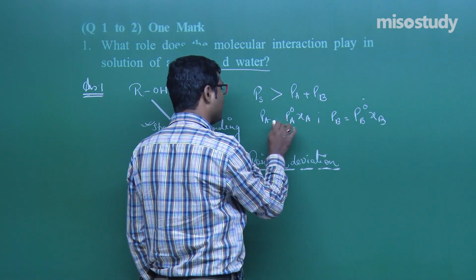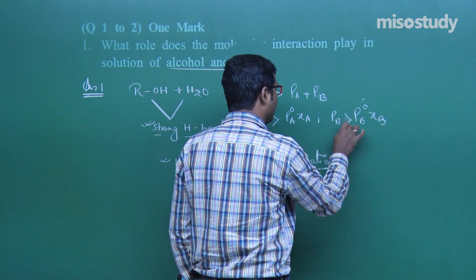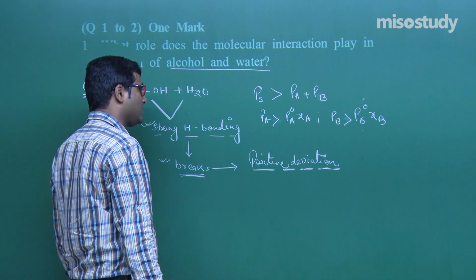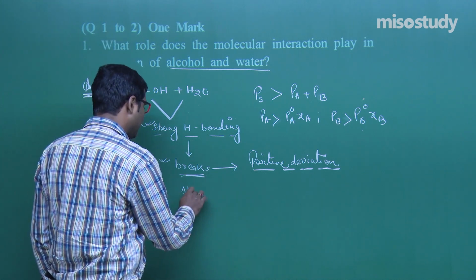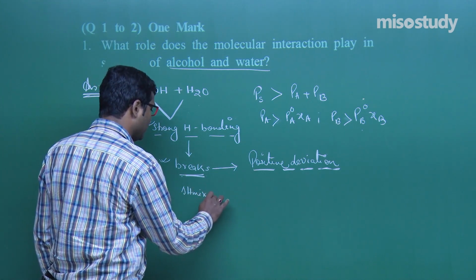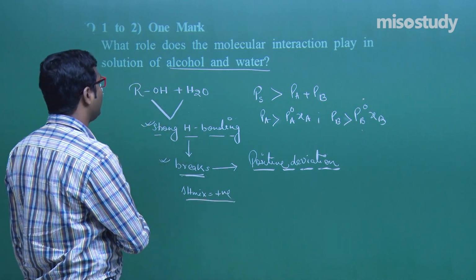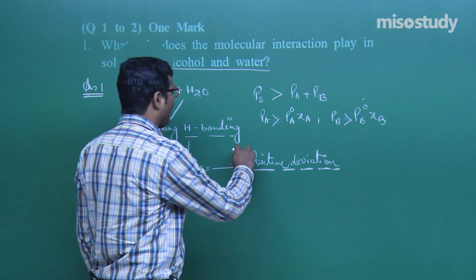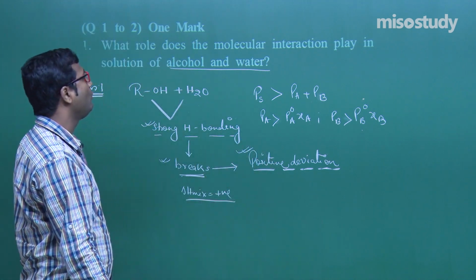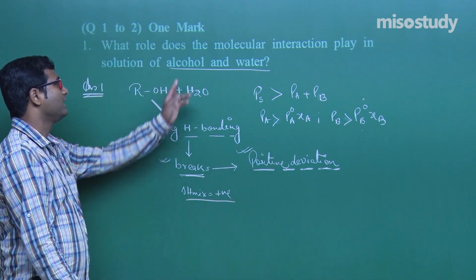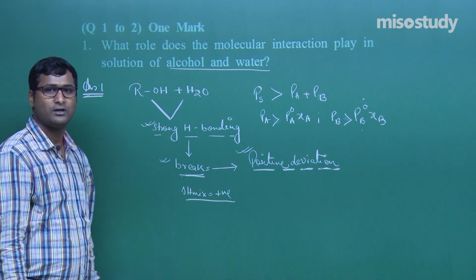This will show the positive deviation, and delta H mixing here is positive. If the existing bond breaks, then we can say that is positive deviation. That is the role of molecular interaction between alcohol and water.